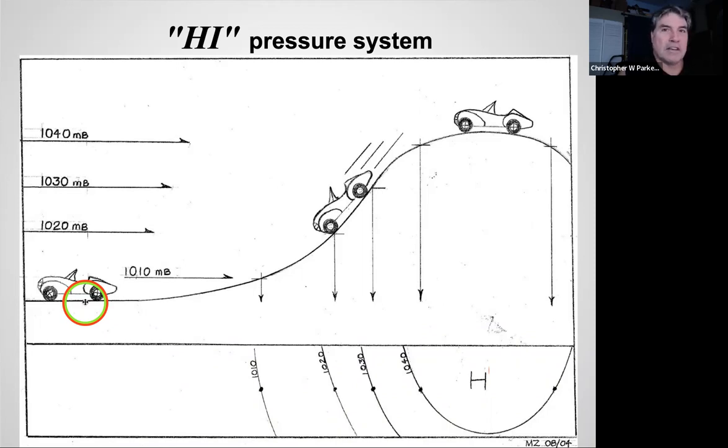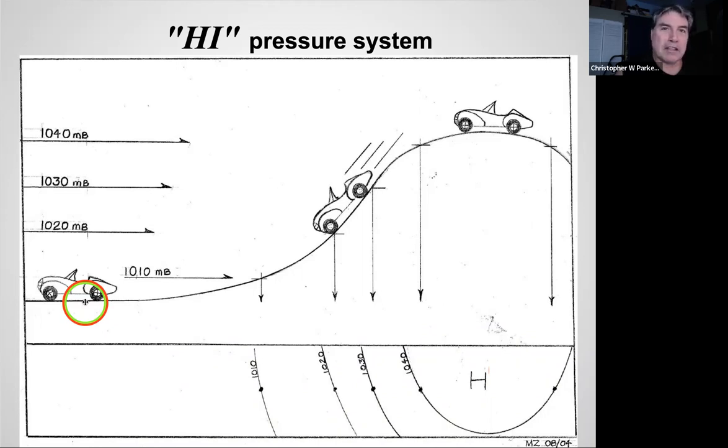And then the low decays and they emerge from the low, and conditions aren't bad when they emerge from the low. So that is a somewhat tricky forecast because the low has to be moving at a speed similar to the boat, because otherwise the low will overtake you and you'll get in the strong wind around the periphery of the low before the low decays. But it can be done.